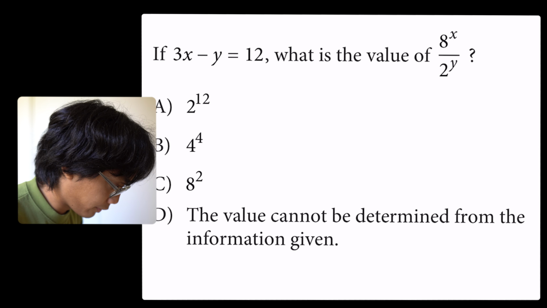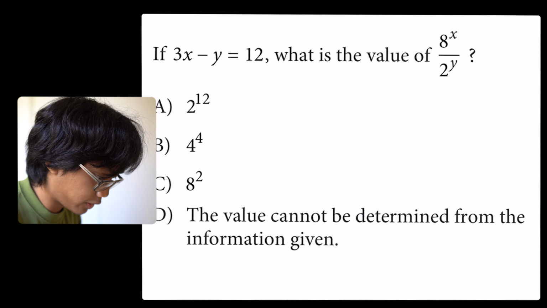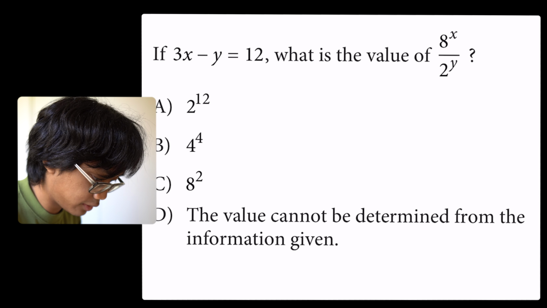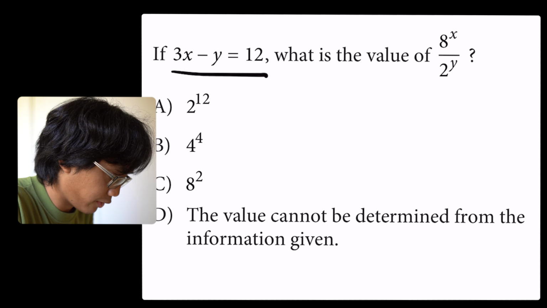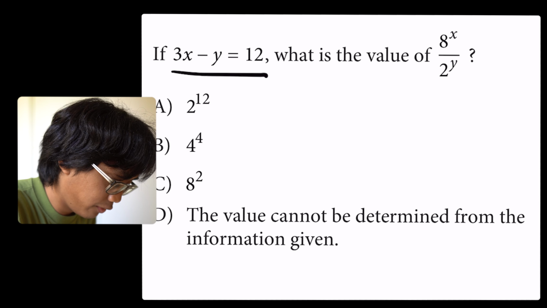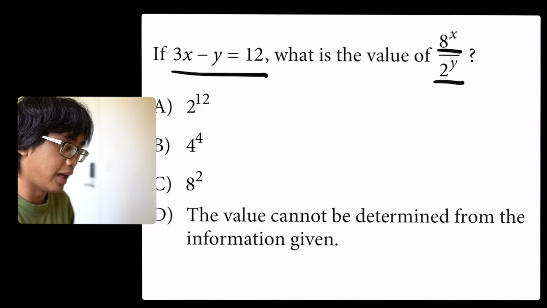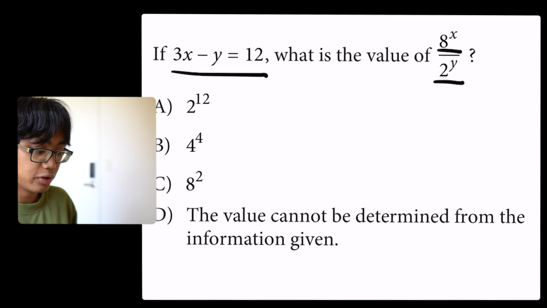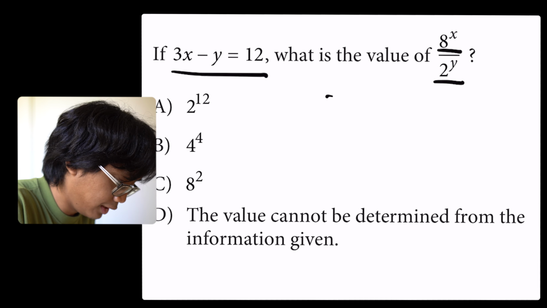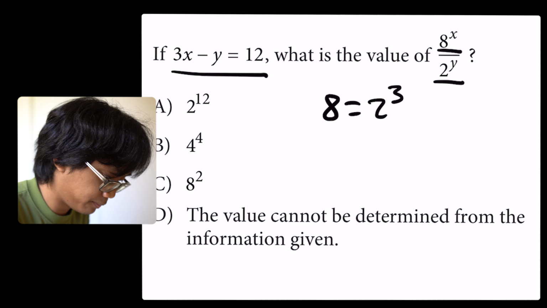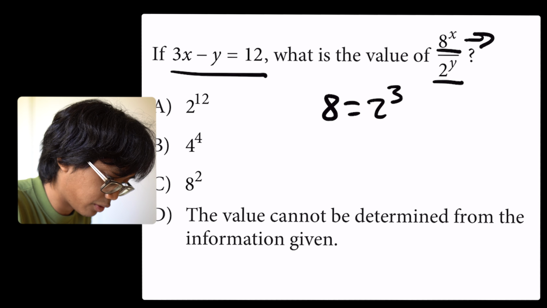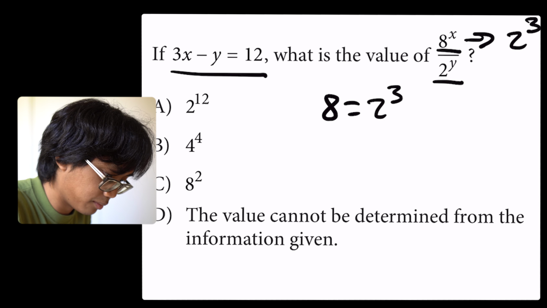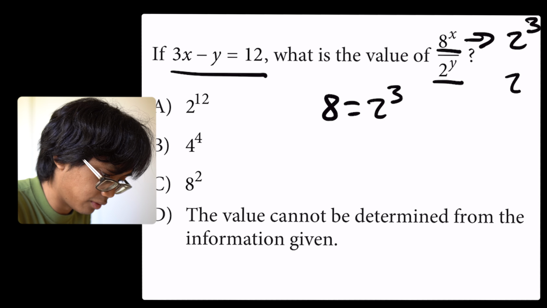Answer choice B is the only one that has 2x plus 5 in the denominator, so we know that one's correct. Okay, if 3x minus y equals 12, what is the value of 8 to the x divided by 2 to the y? This works out because we have 3x minus y equals 12, and then we have this 8 to the x and this 2 to the y. If you have your powers memorized, you'll know that 8 equals 2 to the third. So 8 to the x is equivalent to 2 to the 3 times x, which is 2 to the 3x.